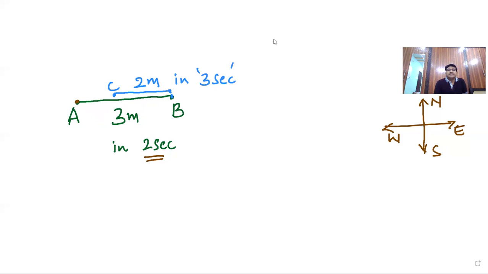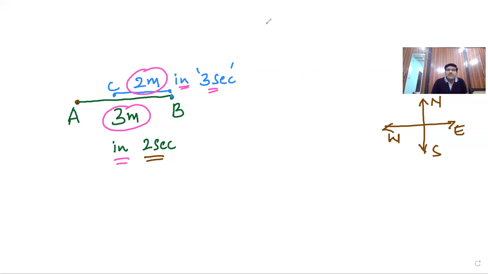Be careful: 3 meters in 2 seconds, 2 meters in 3 seconds. So first he walks from A to B, 3 meters in 2 seconds, then B to C, 2 meters in 3 seconds.